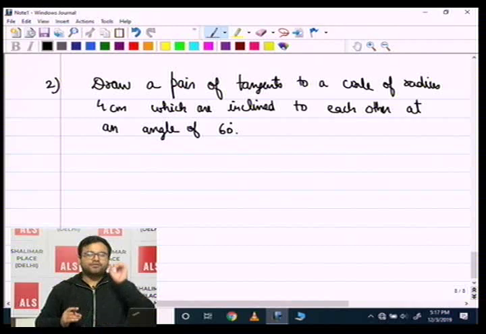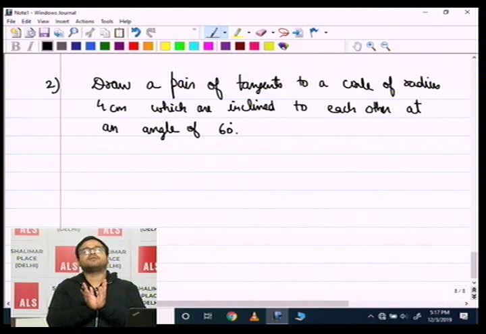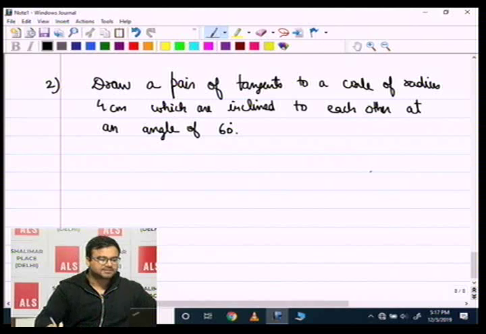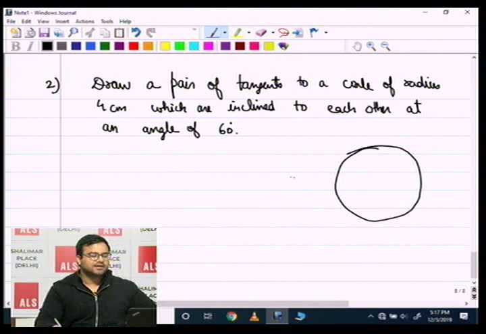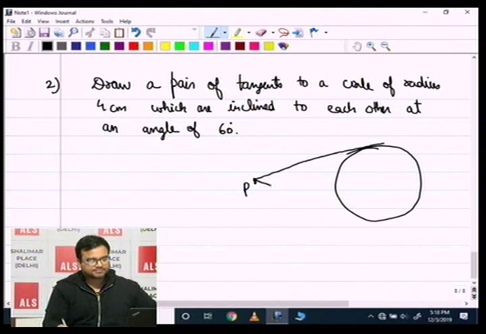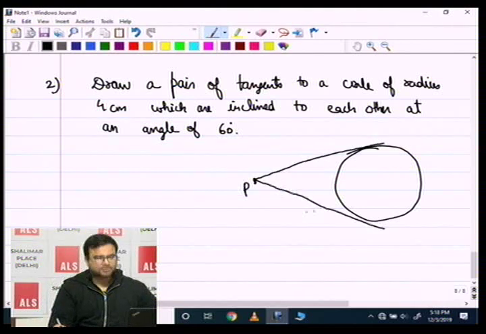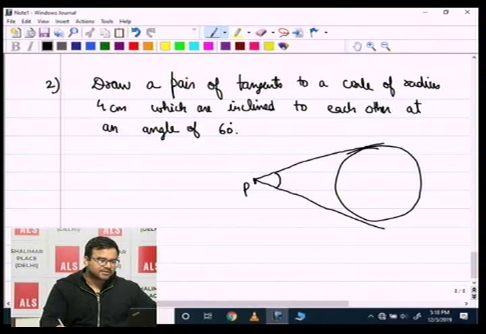It means from whatever point we are drawing the tangents, both tangents make an angle of 60 degree, like this. If we draw a rough diagram, suppose this is a circle and I am taking a point over here. When we draw the tangents like this, the angle between them is 60 degree.